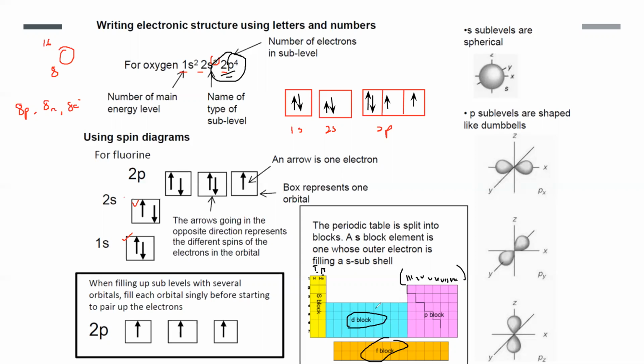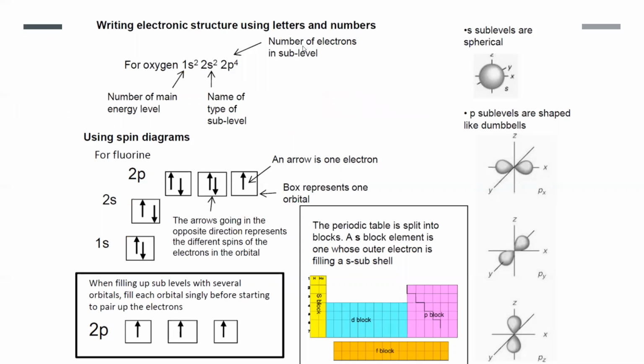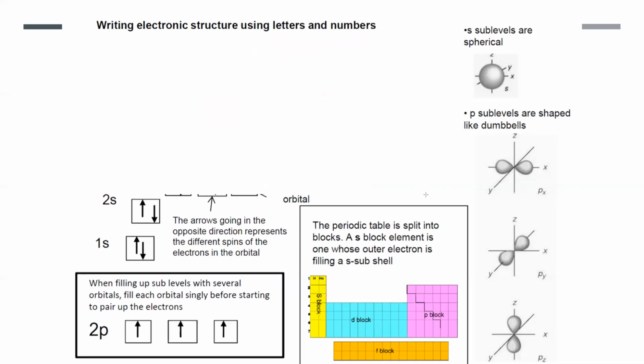So if I write the electronic structure, say for aluminium, aluminium is 13 and 27.